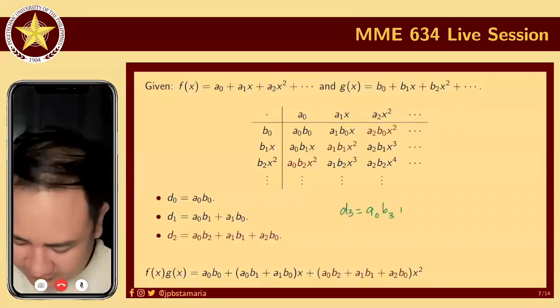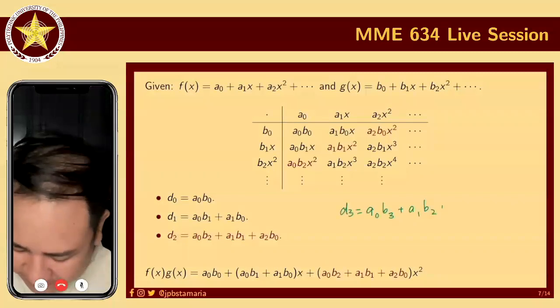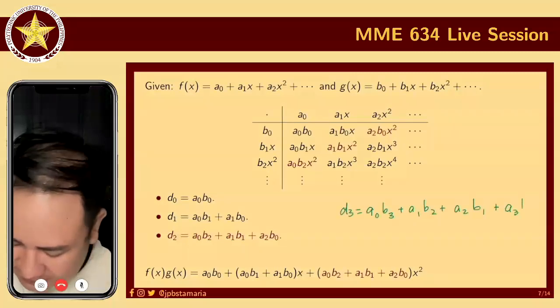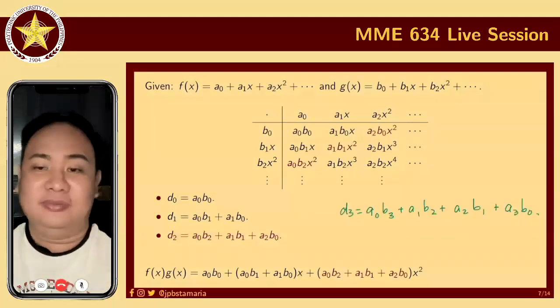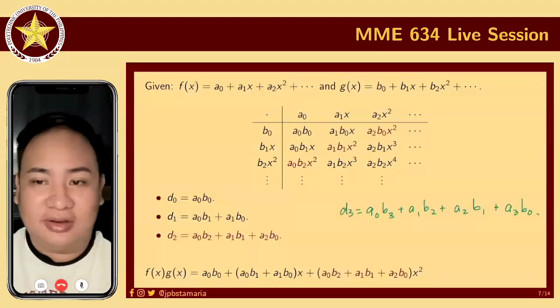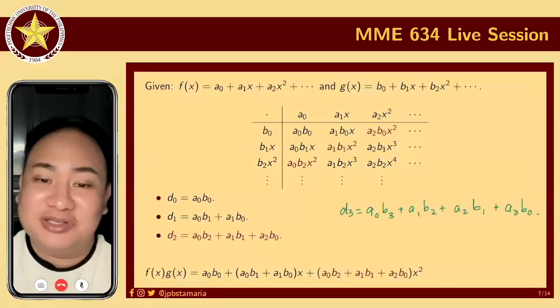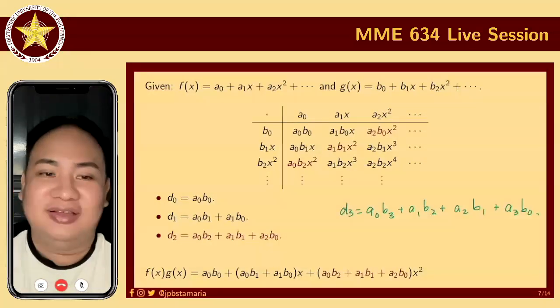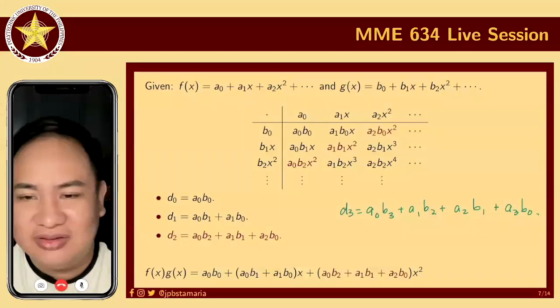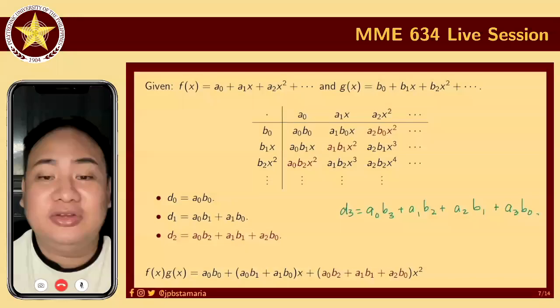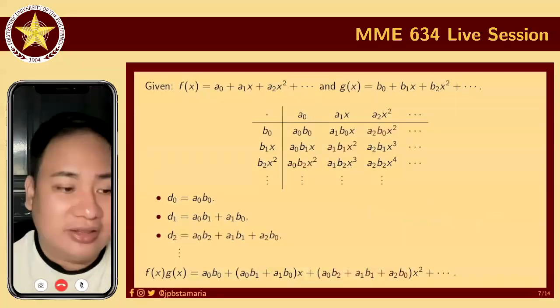A0B3, A1B2, A2B1, ganyan. Tapos A3B0. Very good. Ganyan siya, no? Yan yung definition natin kanina na may summation, no? Yun lang yung formalization, pero yun lang naman din. Ito lang din yung nakalakihan yung polynomial multiplication. Kaya huwag kayong matatakot, ha?